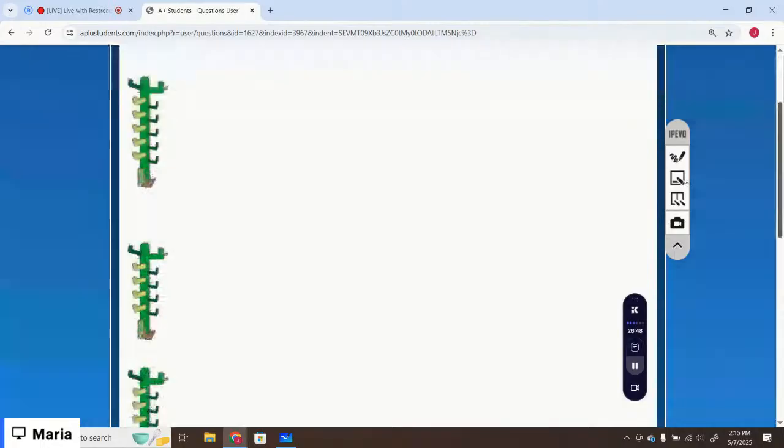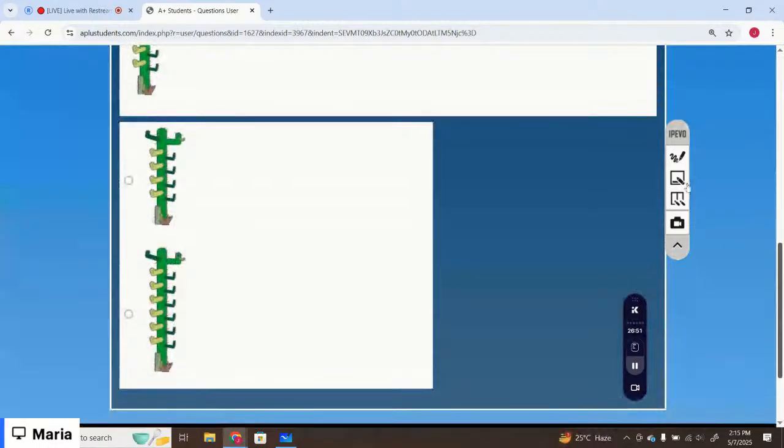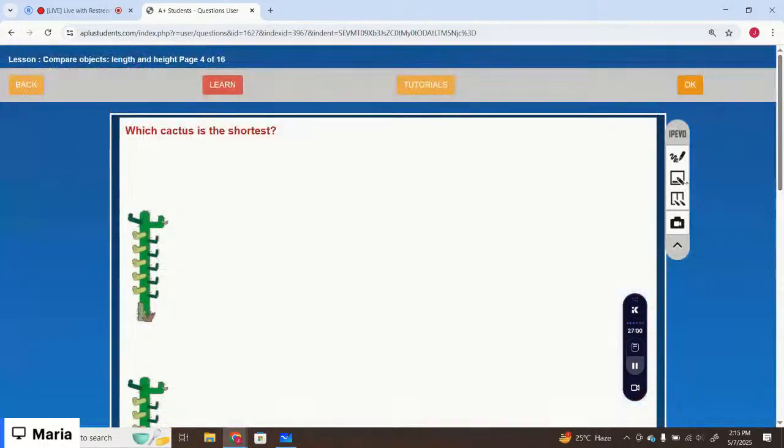Which cactus is the shortest? Option number one is the correct option. That is the shortest.